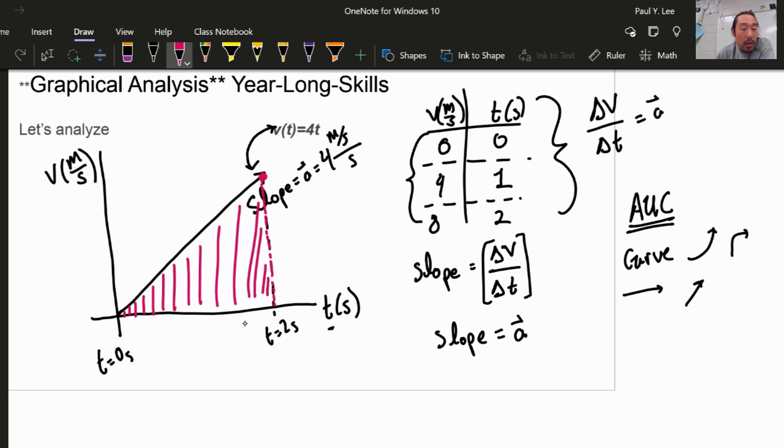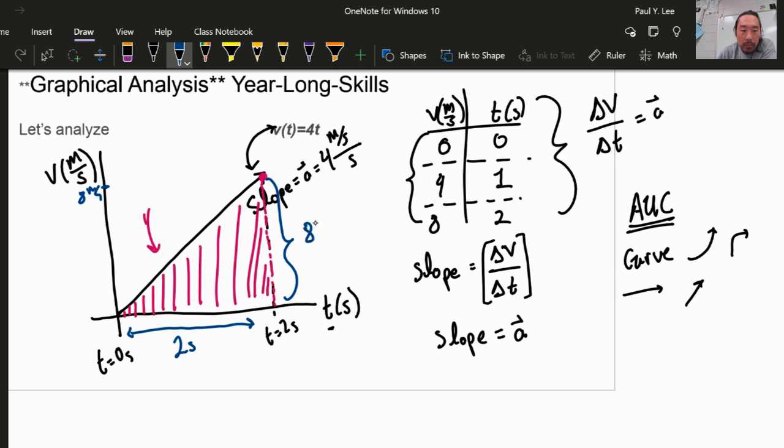And the term area is literally just that. It's the area. So we take a look at the shape and I'm like, oh, that's a triangle. I gotta find the area of a triangle. Okay, so let's break this down. We know that the base of this triangle is a total of 2, and the rise of this triangle, or the height of this triangle, according to our table, at 2 seconds, is 8 meters per second right there.